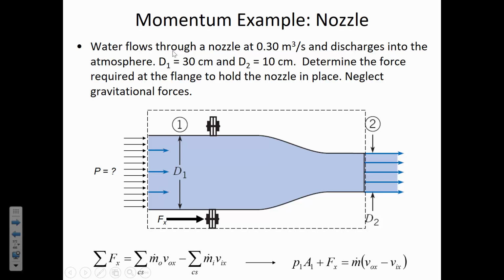Then, once we have that, you can substitute it into the momentum equation. We're going to need to know the mass flow rate, and then in the momentum equation the only remaining unknown will be F of x, which is the external force we have to apply at the flange to cancel out the two momentum effects.